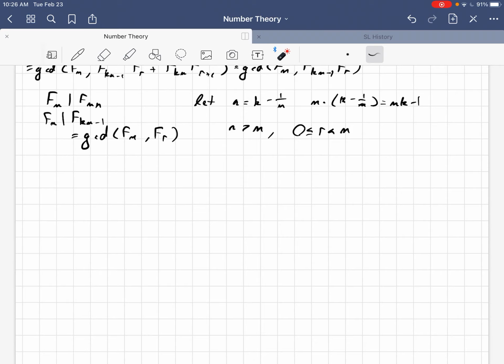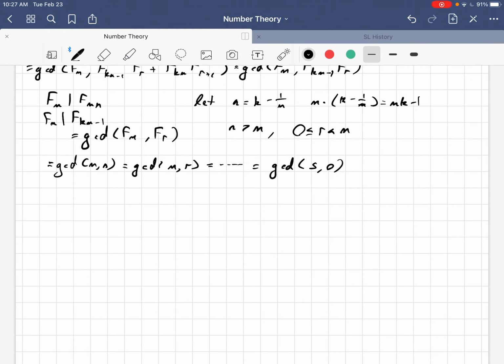In other words, eventually at some point, if I'm looking just at the subscripts, I'm going to get the GCD of m comma n is equal to the GCD of m comma r is equal to, and I can apply this process as many times as I would like, but since they're finite numbers, eventually I'm going to get to the point where one of them is going to be 0, and one of them is going to be the smallest positive remainder from the Euclidean algorithm.